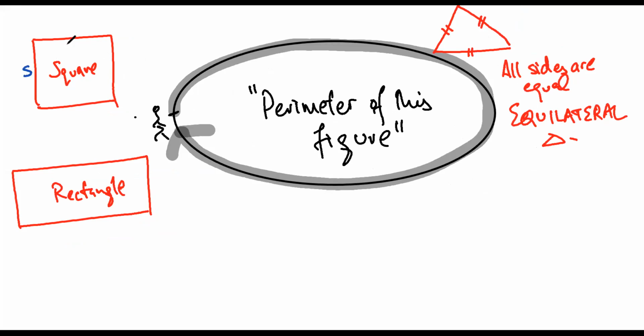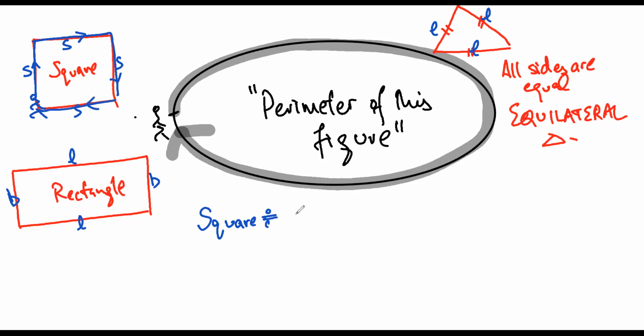So for these simple figures, you can have very simple formulas, and we will see what kind of formulas we can make. So for example, for a square, Mr. Sarthak, if you are standing here, you start going this side, then this side, then you come to this side, then you come to the starting point again.